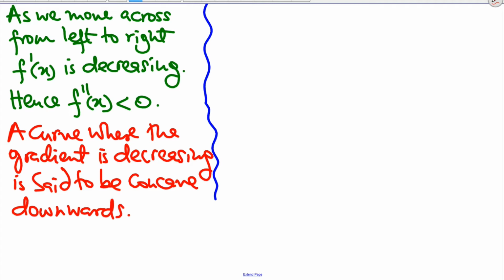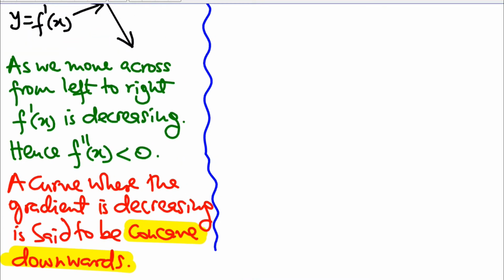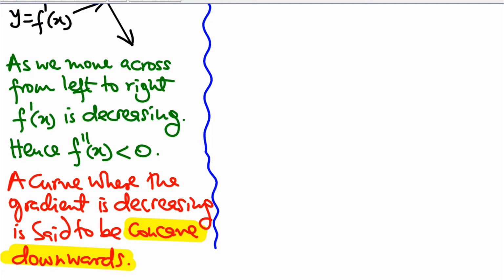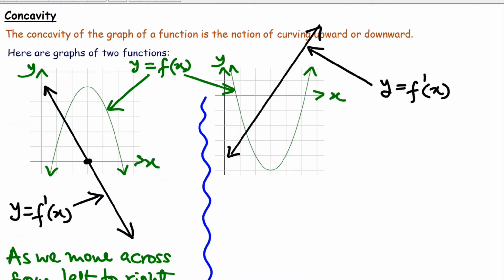Now, I've introduced a new word here, concave downward. This is just a mathematical description of what's happening here. If we have a situation whereby the gradient of a curve is decreasing, then the curve is said to be concave downwards, like what we have here.